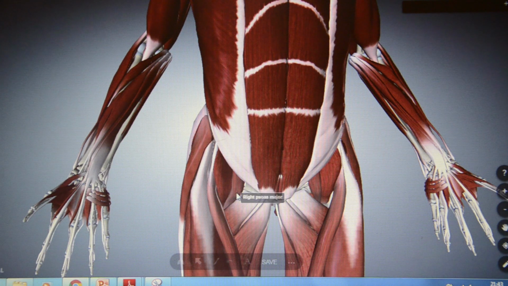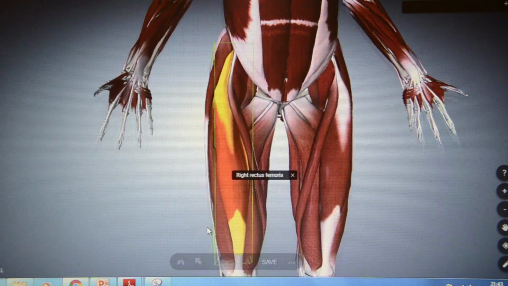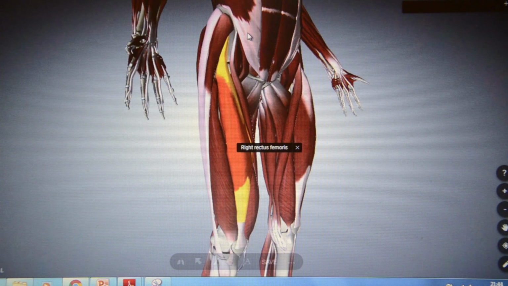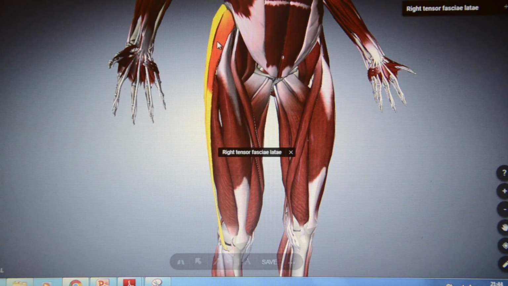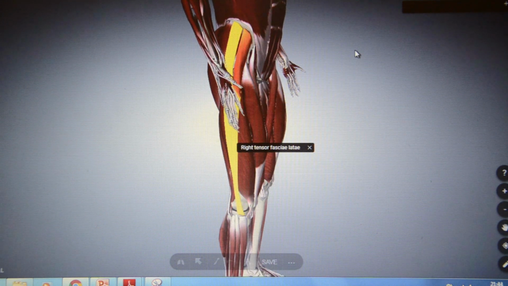The first one is psoas major, rectus femoris, you can see it better now, and tensor fasciae latae.